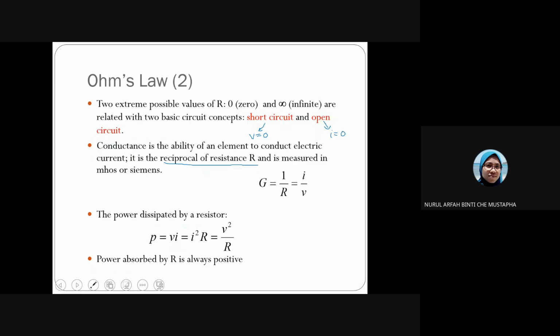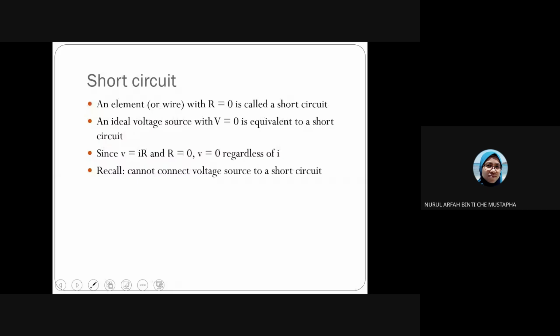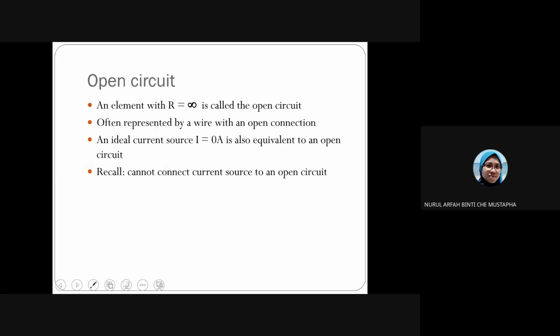You see again where we need to apply the short circuit and open circuit so that you guys understand really well. Okay, this one I think we can skip because it's already explained. These two. Okay, all right.